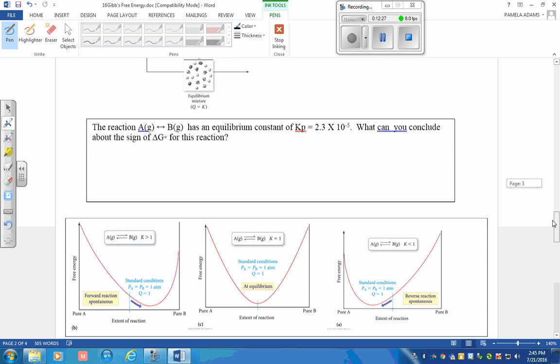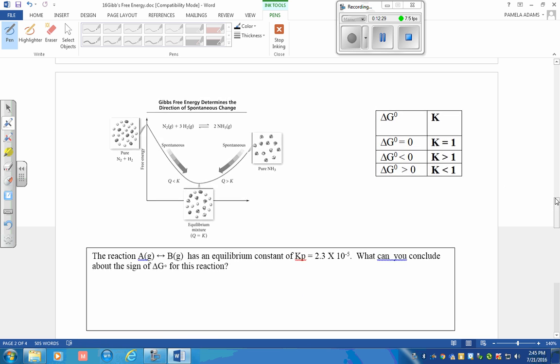Okay. Now, we can also equate delta G to K. K is the equilibrium constant. And remember, the equilibrium constant is the products raised to their stoichiometric coefficients over the reactants concentration. And when we look at this, here is our equilibrium reaction.